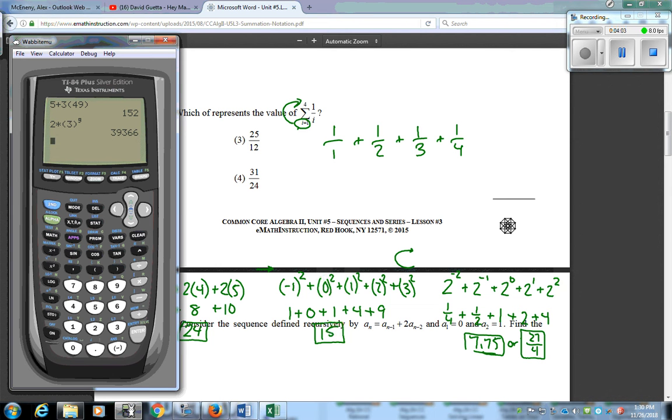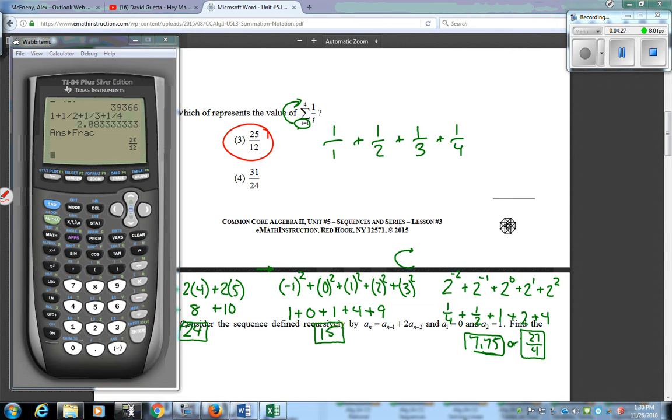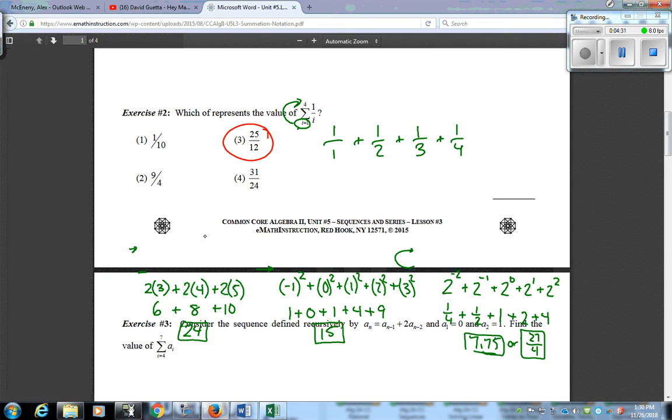We know the first one is 1. I'm going to kind of try to reduce some of these. So we got 1 plus 1/2 plus 1/3 plus 1/4. So we get 2.08, and I could change that back to a fraction using the math option. So we end up getting 25/12, which would end up being choice 3. But again, you want to show that substitution and making sure you're getting each part as you work through this.